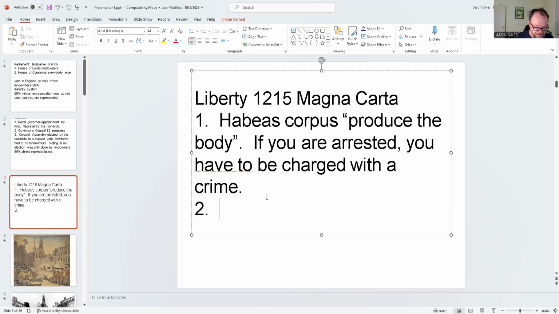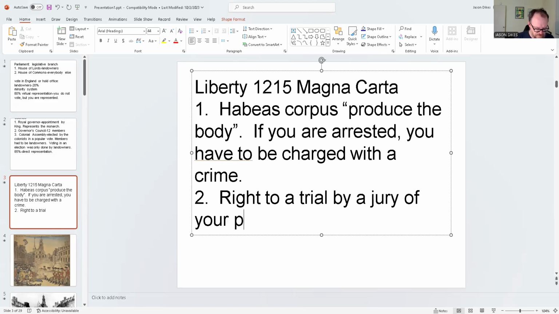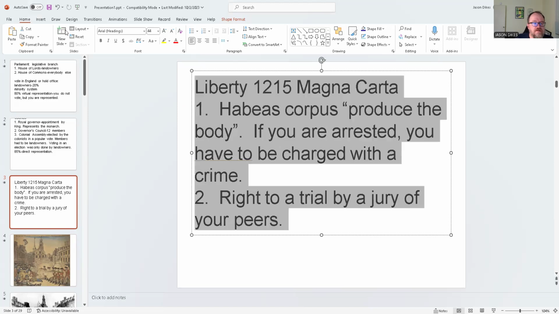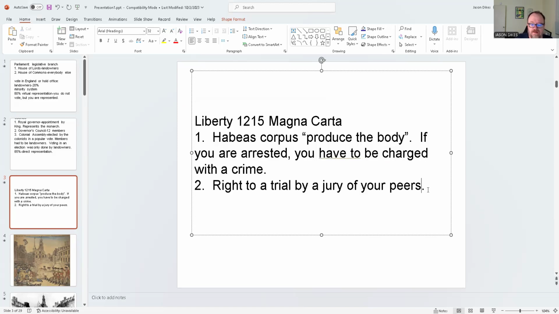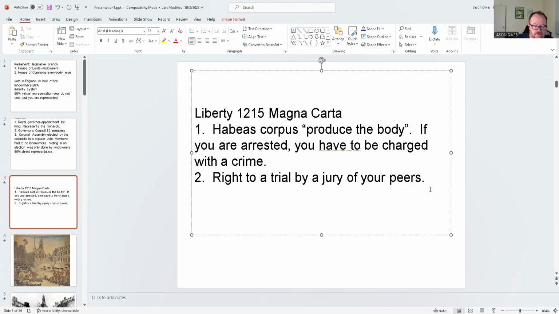And second, if you go to trial, you have a right to a trial by a jury of your peers. Okay. And these are two rights that all Englishmen recognized as their rights as Englishmen.